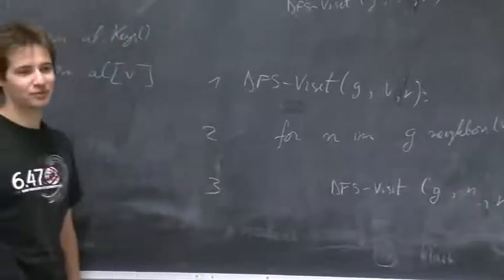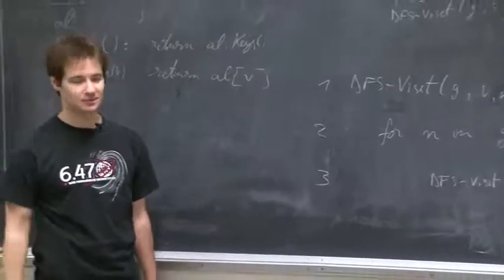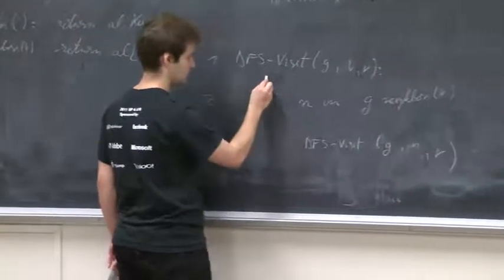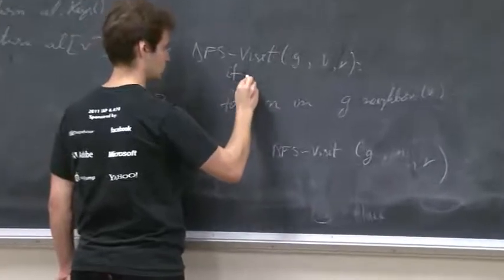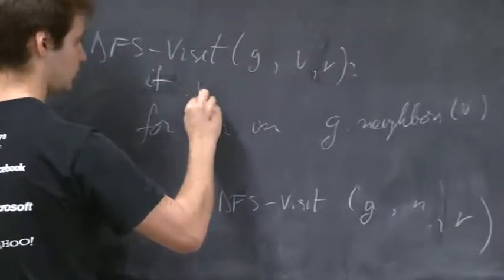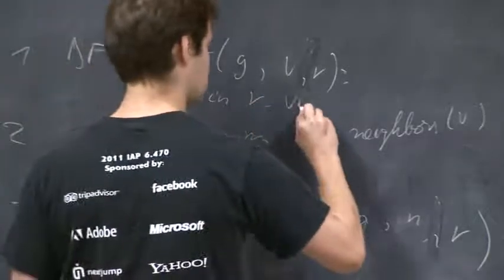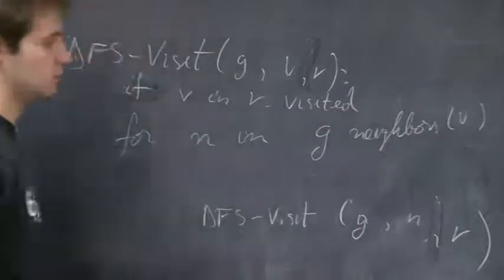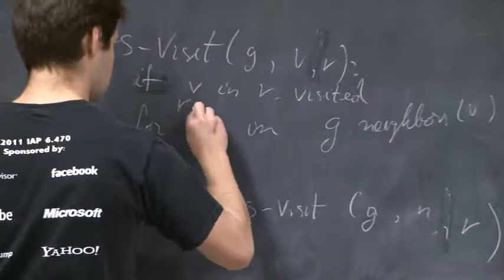Line 1.5 or 2.5? Okay, in 1.5, check if V is in the dictionary. If v in r dot visited, then return.